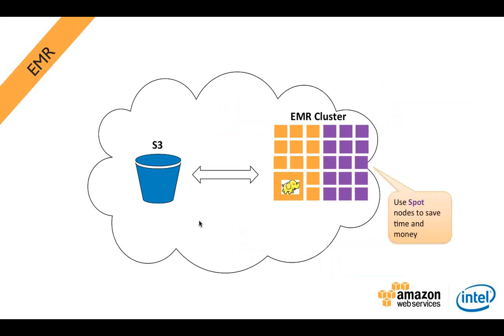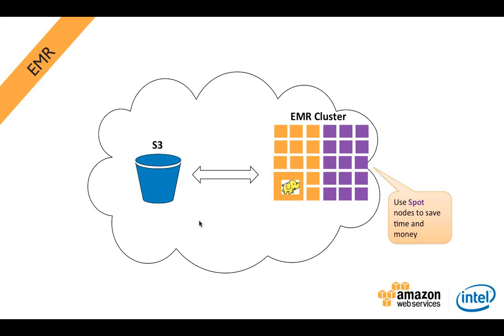Now something we're going to look at in a little bit more detail in a second is the spot market. So the spot market is aimed at EC2 machines, and what we do is any unused capacity that we have in our EC2 fleet we make available for customers to bid on. And this allows you to potentially use an EC2 instance for a lot less than the normal on-demand price, because you basically bid on it on the spot market.